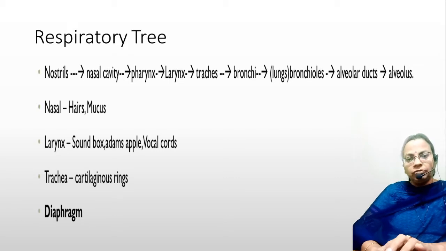Finally it leads to the alveolar duct, which ends in the alveolus. There the exchange of gases takes place. Approximately each lung consists of 300 million alveoli, which come to around 180 square meters of surface area. That much surface area is presented by the alveoli, which enhances maximum respiratory exchange of gases.